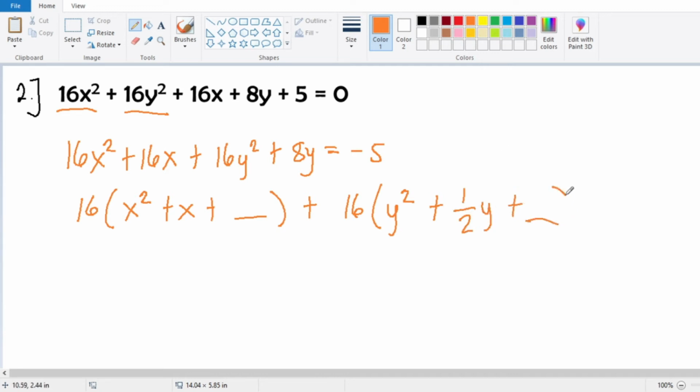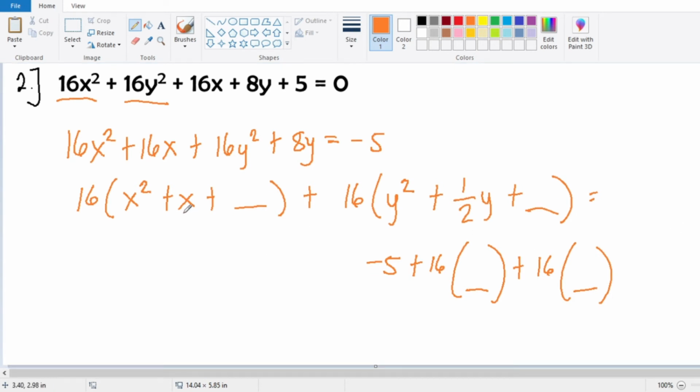Plus another blank equal to negative 5 plus 16 times unknown plus 16 times another unknown. Right? So, tingnan natin kung ano makakompleto dito sa square na to. Now, let us get here yung 1. So, 1 divided by 2. Yan. So, whatever the answer, you square that.